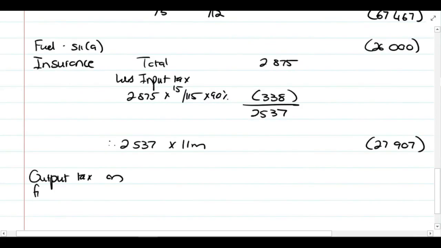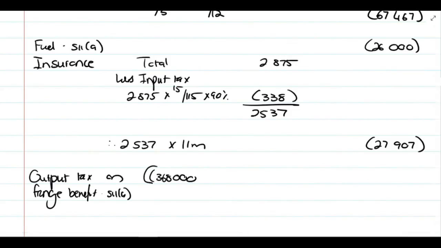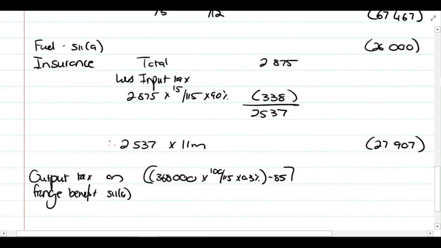And then we have the output tax on the fringe benefit, section 11A. So the output tax on the fringe benefit is calculated as the cost of the vehicle. I think it was 368. Yes, 368 times 100 over 115, always excluding the VAT. I know you couldn't claim it, but remember it always works like that. Times 0.3% because you couldn't claim the VAT. Minus 85 rands because he's responsible for all the maintenance cost. Times 15 over 115 times 11 months times 90%.